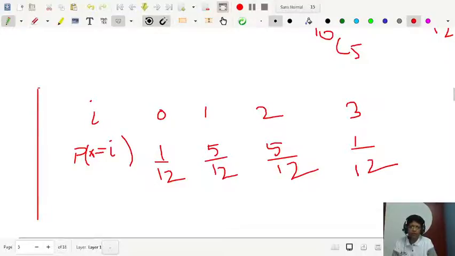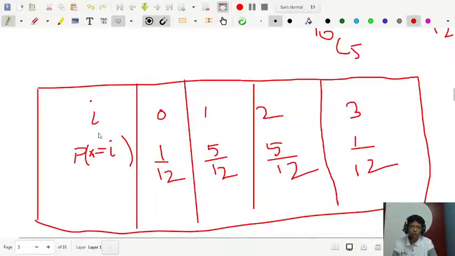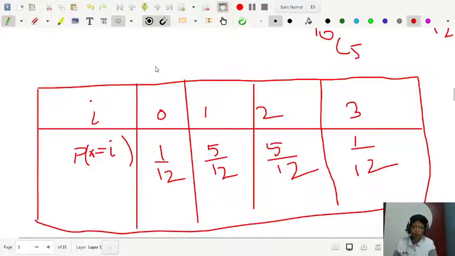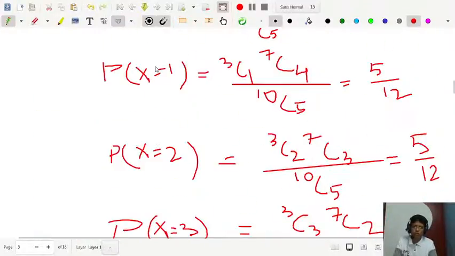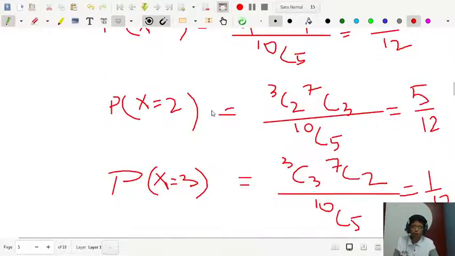So that is verified also. And this is the probability distribution. If you write it in a table, it will denote the probability distribution. So that is how you can express the problems of probability in terms of discrete probability distribution. So this is the problem. Let's now move on to more problems in this lecture.